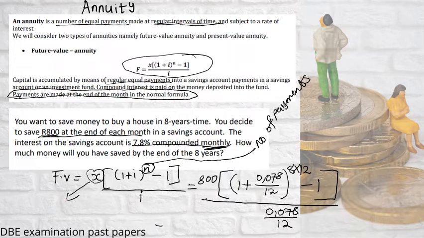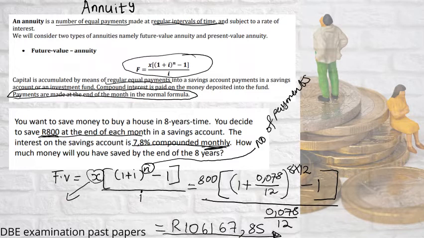It's giving me 106,167.85, rounded to 2 decimal places. So you can see that the person will have 106,167.85. That's the amount that the person will make.